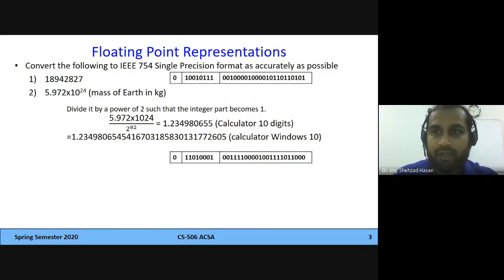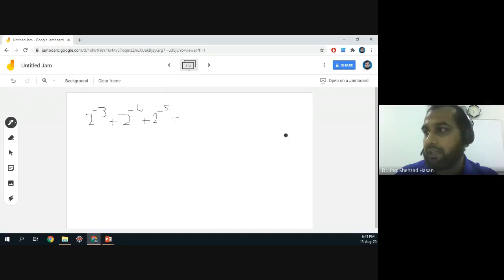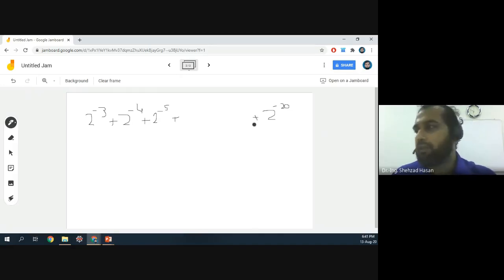So you can just continue adding those powers of 2, and then what you're going to get is a number which is the fractional part. So if I continue on with all these powers, the last one was 2 raised to the power 20, I think, right? Yeah, 20. It was 20.